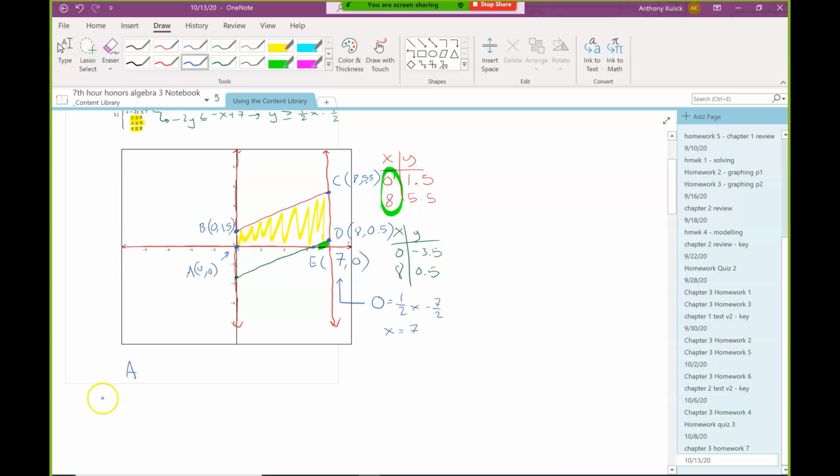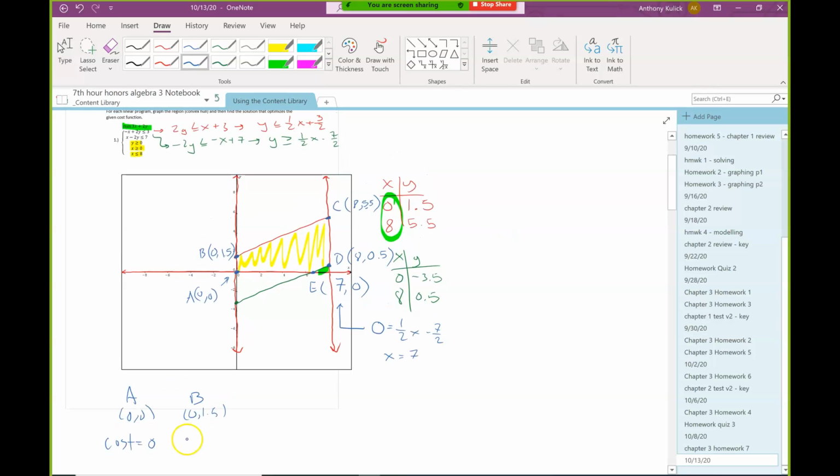So for A, that's 0, 0, the cost is 0. For B, 0, 1.5, 0 times 3 is 0, and 2 times 1.5 is 3, so the cost is 3.